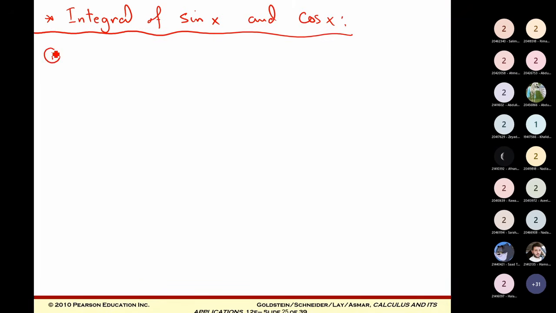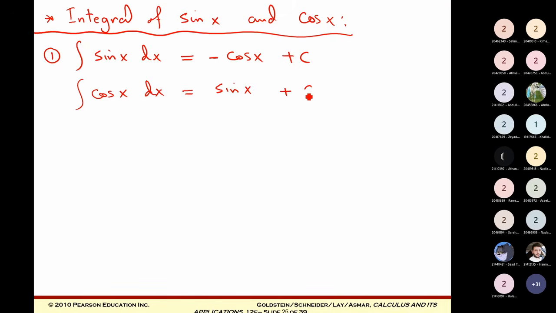Number 1, the integral of sine x dx equals negative cosine x plus c, because the derivative of cosine is minus sine, multiplied by negative, so we have sine. Okay, now the integral of cosine equals what? It must be sine, because the derivative of sine equals cosine. Integration of cosine equals sine.